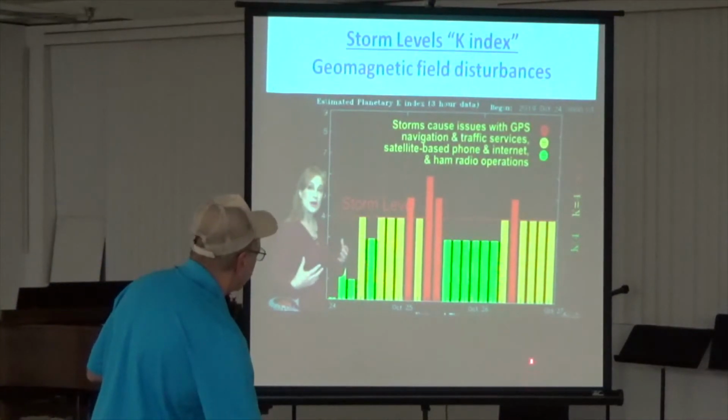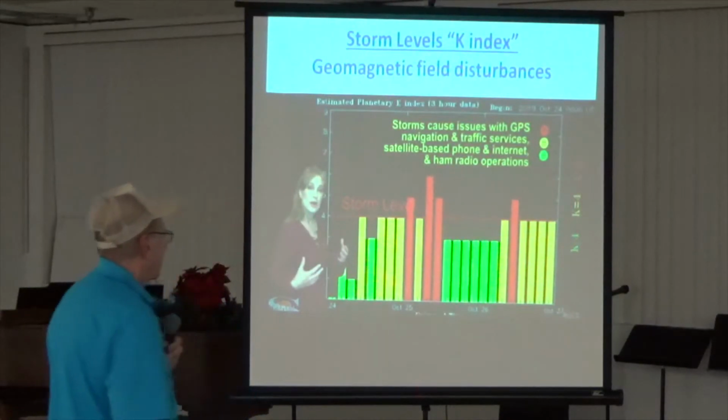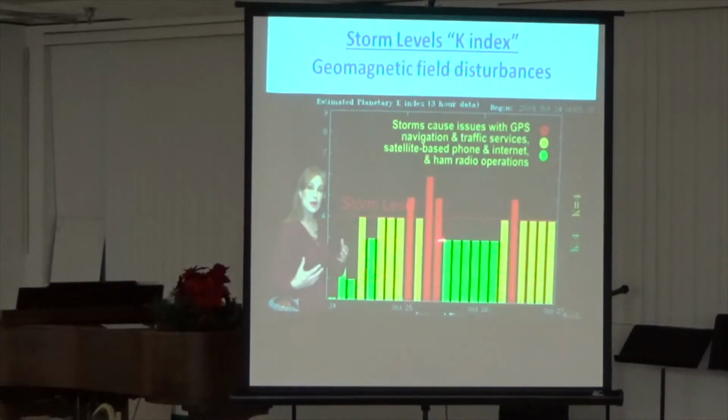Ed? Yeah. So what you're pointing out over here is, let's say during the contest, when all of a sudden the band goes dead for an hour, that's what's causing it. Yeah, it could be this. Now, this is the disturbance in the magnetic field, and definitely it causes a difficulty in propagation at that point. The other thing is you could have an X-ray flare and ionize the D layer and just shut down all RF trying to go up to the F layer.